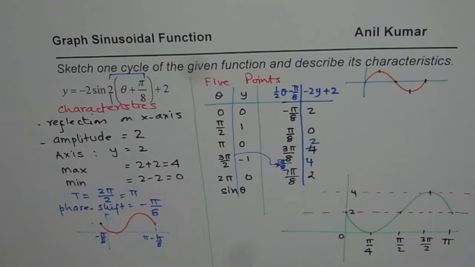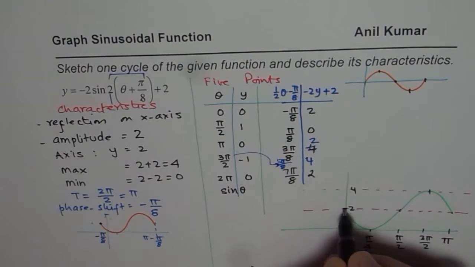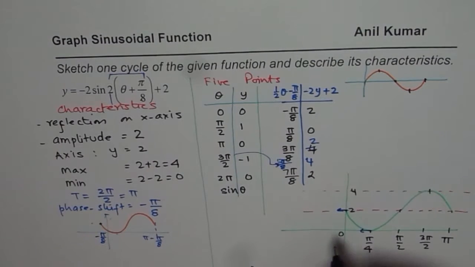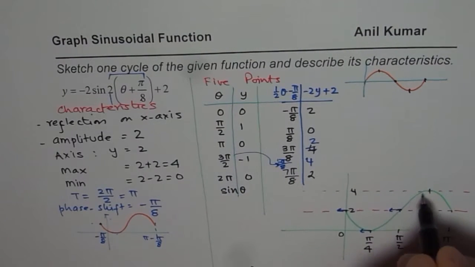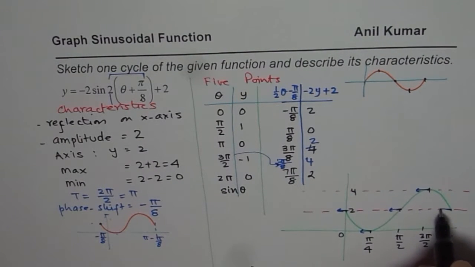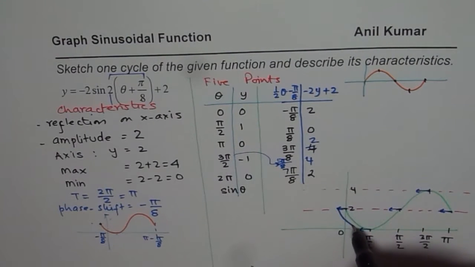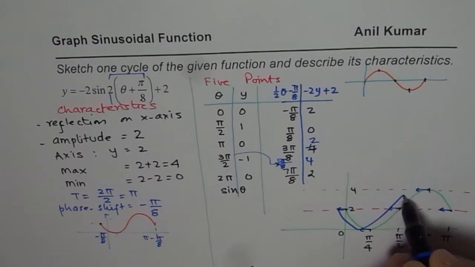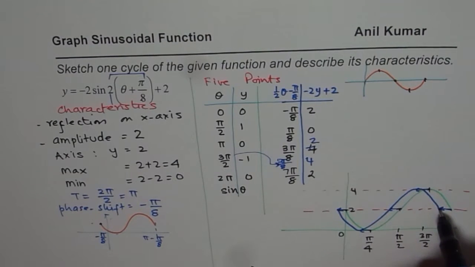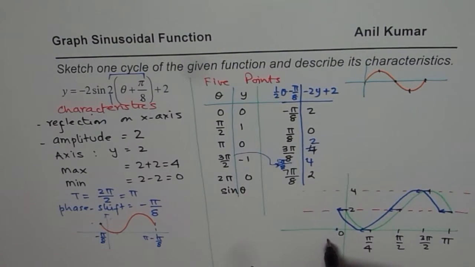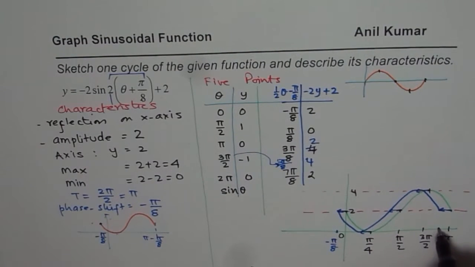Now to this, we'll move each point pi by 8 units to the left. Do you see? This is pi by 8 units to the left. So once you move pi by 8 units to the left, you get your transformed function, which is one wave, right? So where this point is minus pi by 8. Do you get the point? And it ends here, which is 7 pi by 8.